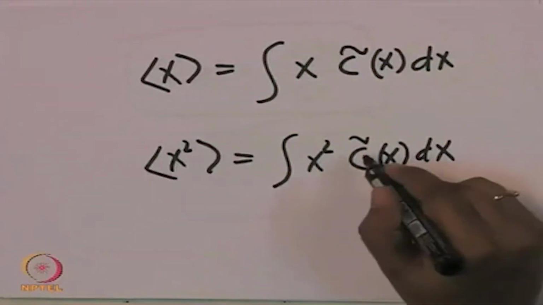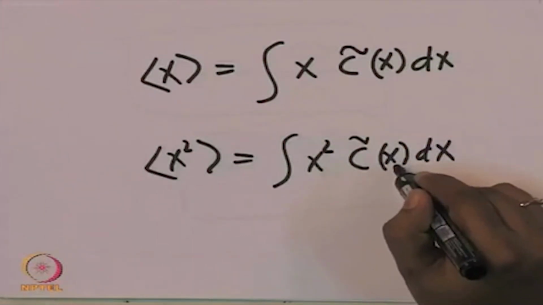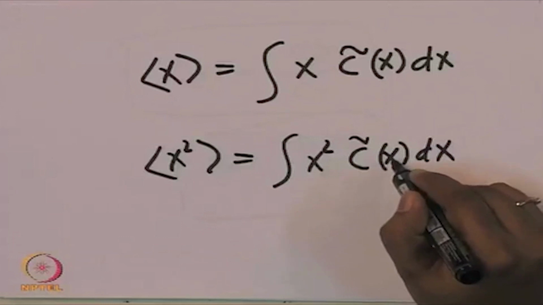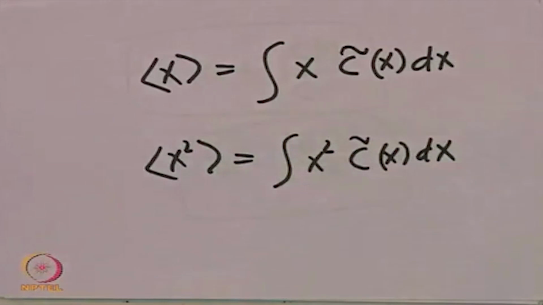So, the probability of having concentration at a particular distance x can be defined in this way, and you can define the averages in this way. Okay. Now let us go back to the distribution that we had.